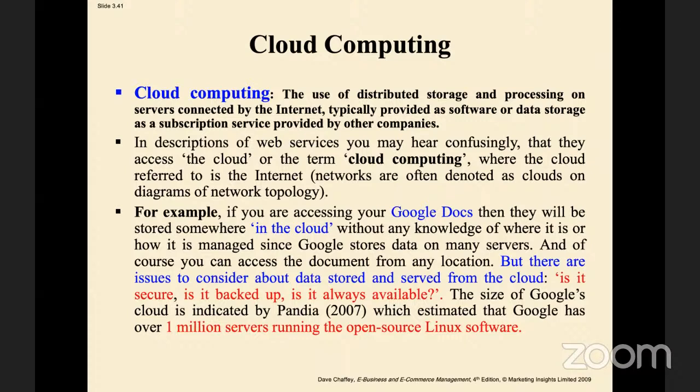For example, if you are accessing your Google Docs, an application offered by Google, then your documents will be stored somewhere in the cloud. If we talk about the conventional way, let's say you have a file full of documents.